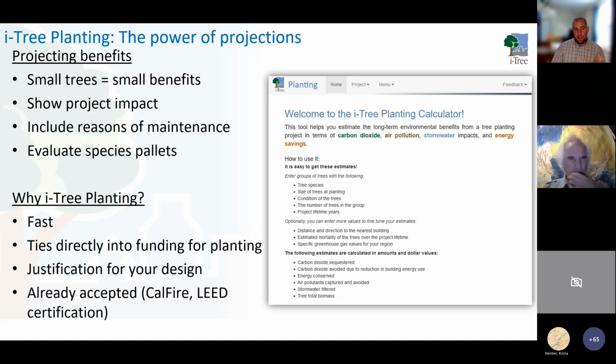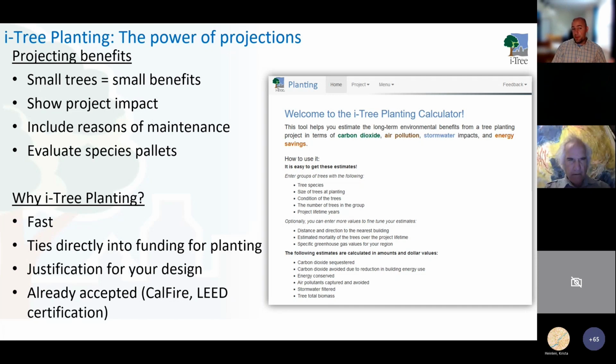So iTree planting, again, it's nice and fast. You can do a planting project in an hour or two. We did one in just a few minutes when we demoed it early on in the academy. Obviously, it ties directly into anything you're doing around tree planting. You can get estimates of the impact of that very quickly for your proposal. You can justify your design, justify which species you're planting, how they relate to buildings.